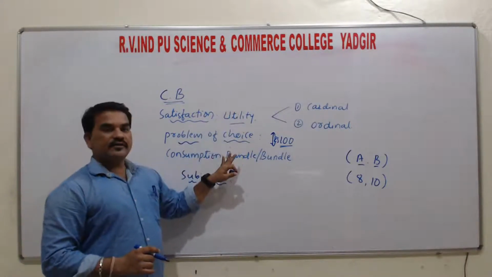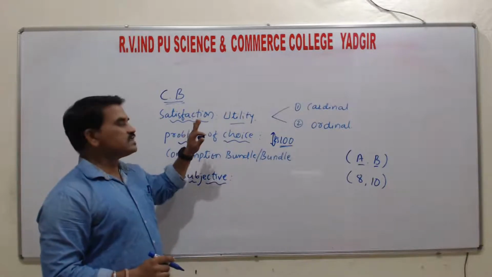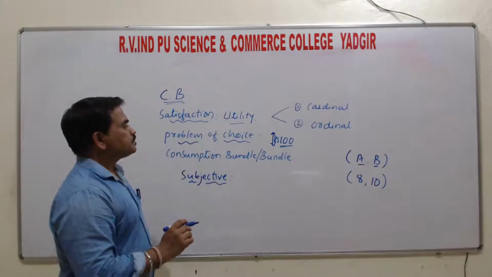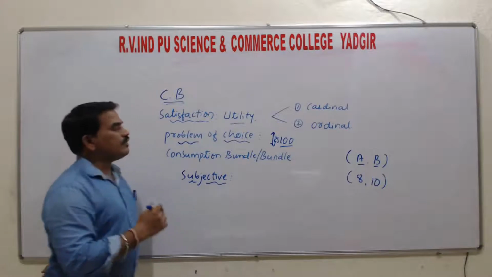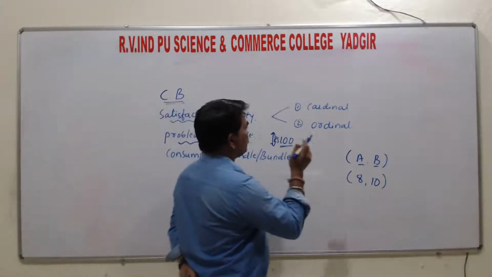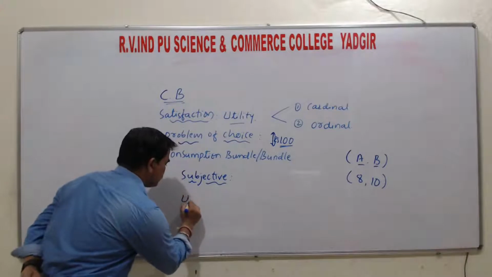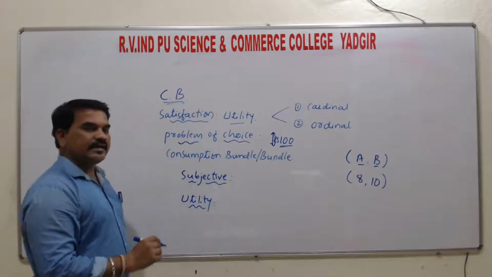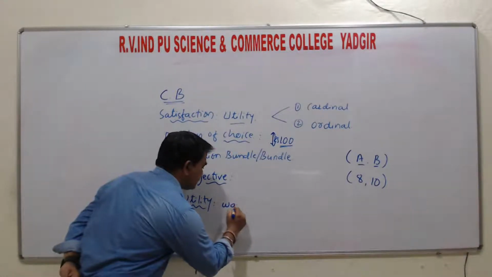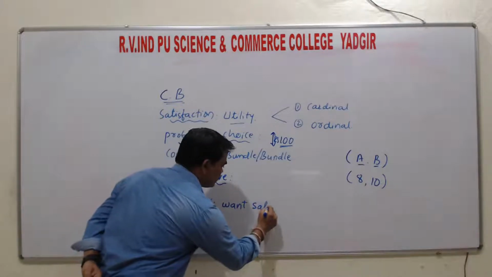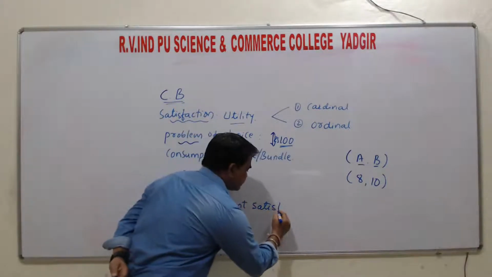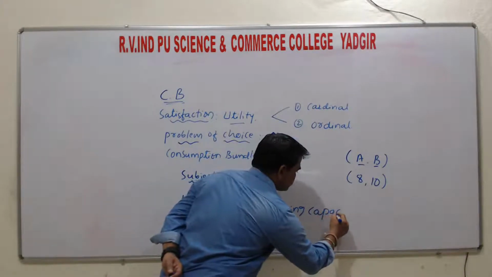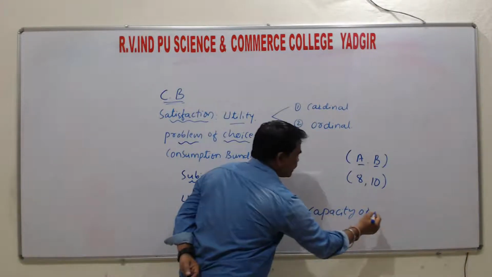Here, whatever we discussed in the previous class, we can expect questions like this. What do you mean by utility? What is consumption bundle? Utility is the want satisfying capacity of a particular commodity.